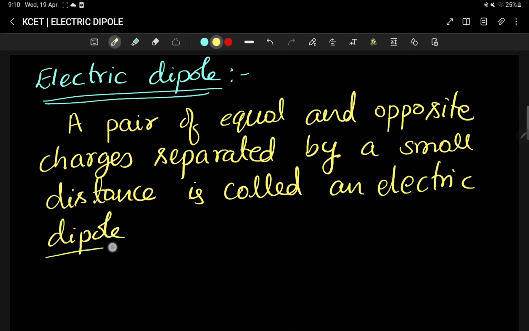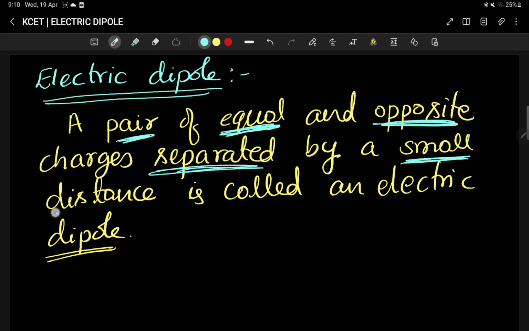There is one more dipole, that is magnetic dipole. I'm not discussing about magnetic dipole, it is electric dipole. So here a pair of means two equal and opposite charges separated by a small distance is called an electric dipole.